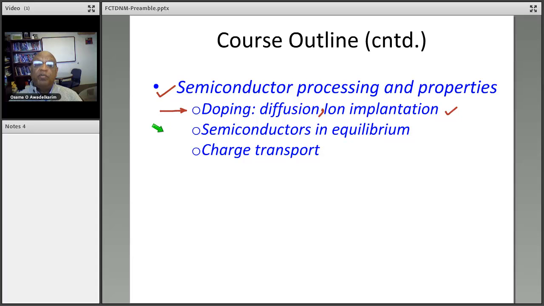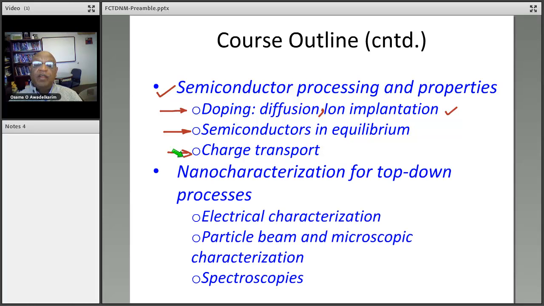And then we'll talk briefly about semiconductors in equilibrium, and then charge transport in semiconductors. So this part of the course focuses on semiconductors because of their importance in top-down manufacturing. And then we will conclude this course by looking at characterization, or if you like, nano-characterization methods for top-down processes.